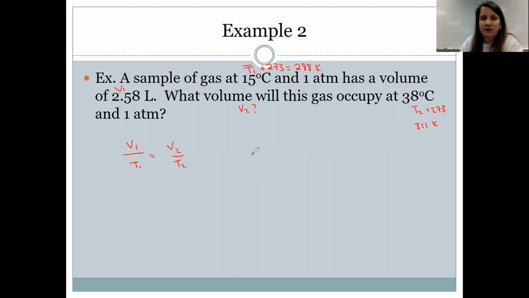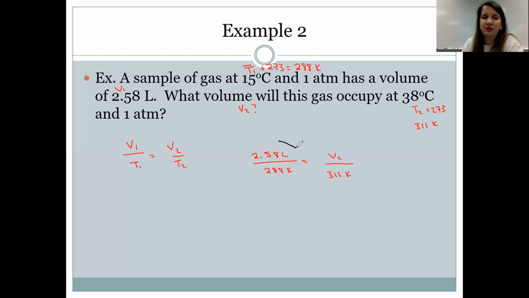So my first volume is 2.58 liters, and my temperature 1 is 288 Kelvin. That's going to equal my V2, that's going to be my X, over 311 Kelvin. When you're solving equations like these, the easiest thing to do is cross multiplication.